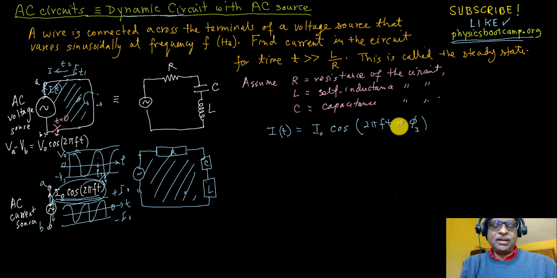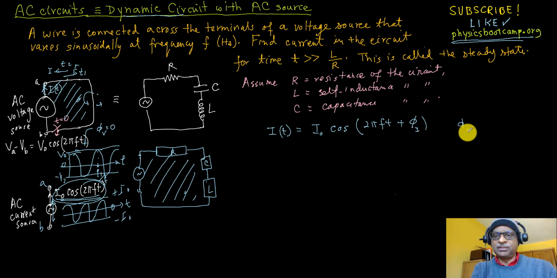If I write down the phase of the voltage, it is equal to 0. The phase of the voltage through the source is 0, but over here it's going to be phi I, and phi I may be 0 sometimes, depending on what R, L, and C values are. So we have to figure out what the phi I formula is.